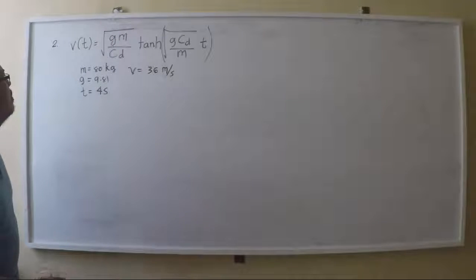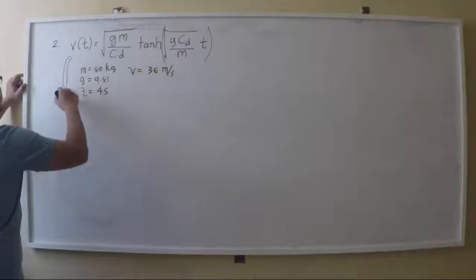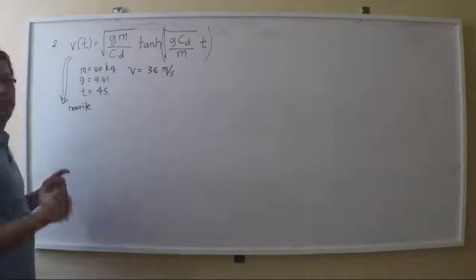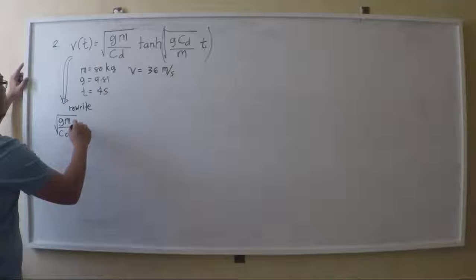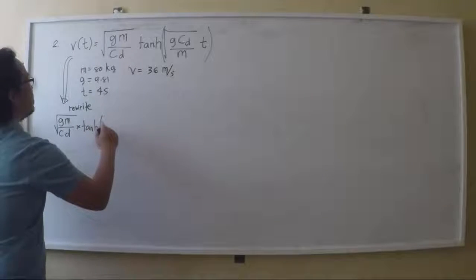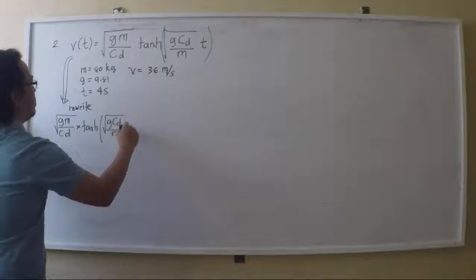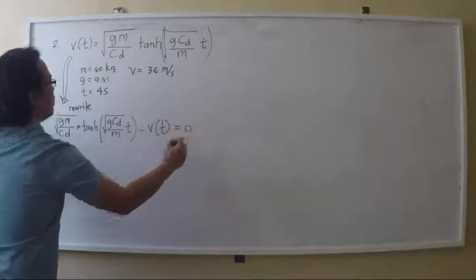Rather, we will rewrite this function into this manner: square root of gm over cd times hyperbolic tangent of square root of g cd over m times t, minus v of t is equal to 0.